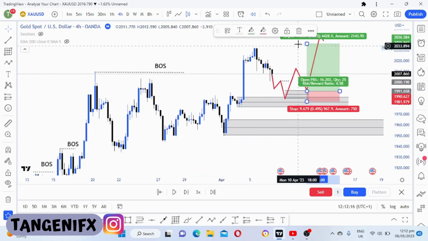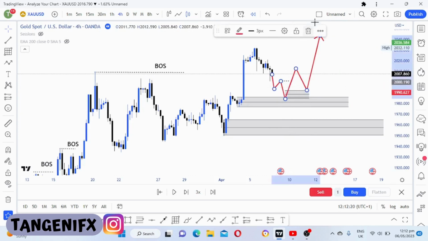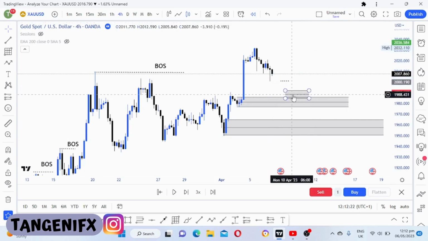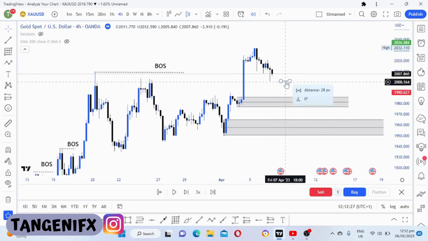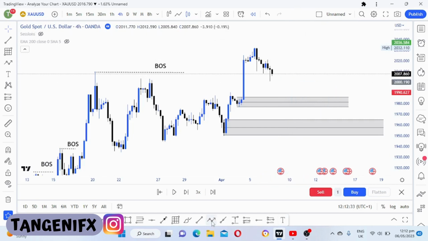Now, if price doesn't respect this first zone, and it breaks this first one, you wait for what?